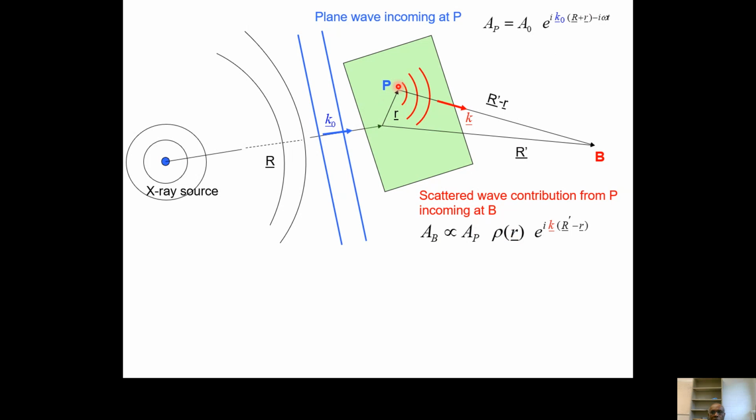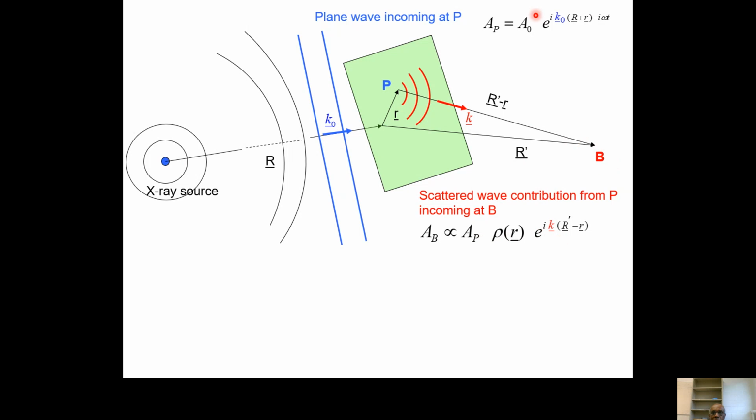So that rho(r) times, I can write the wave vector here. The wave vector in this direction is k, but what is the wave in this direction? That is r' minus r, right? Because this is r', this is r, so this will be r' minus r. So this is the wave coming to B.